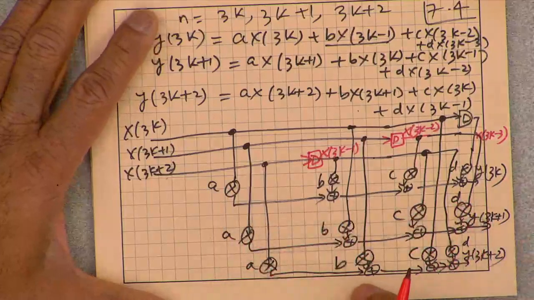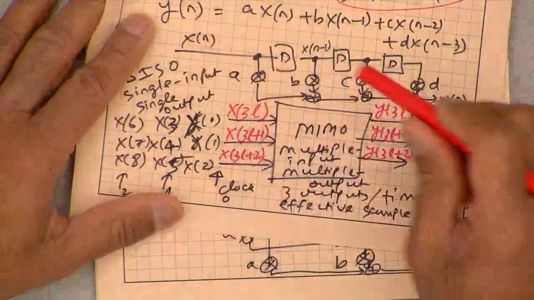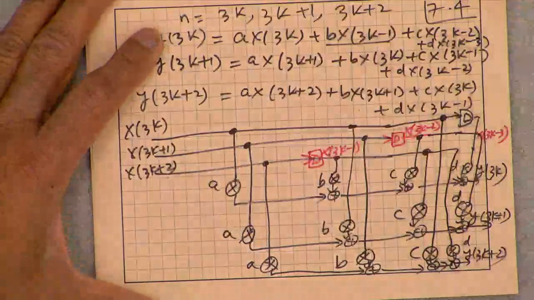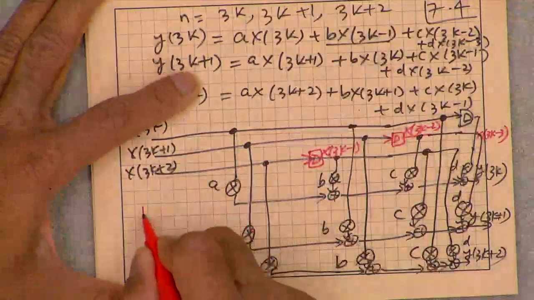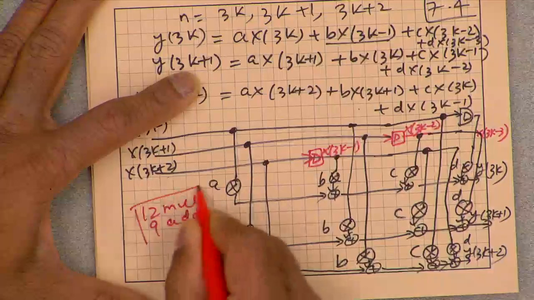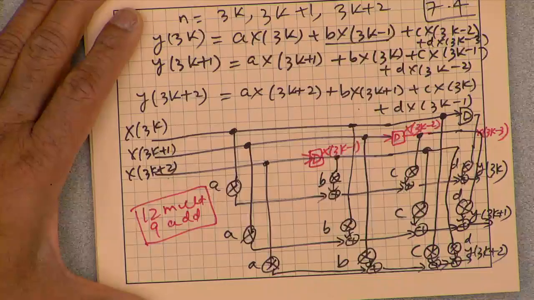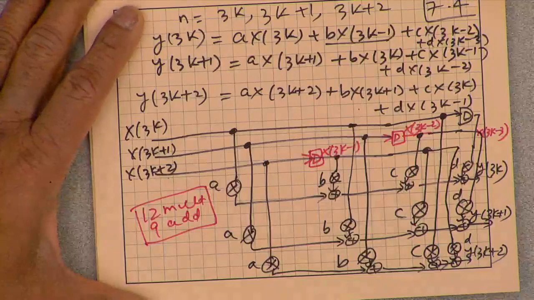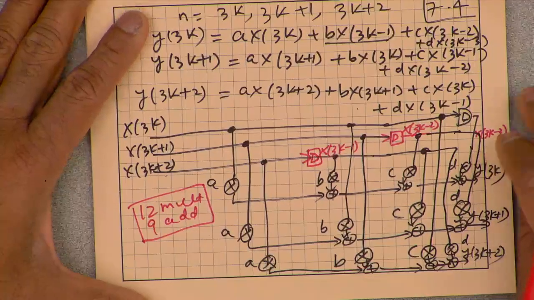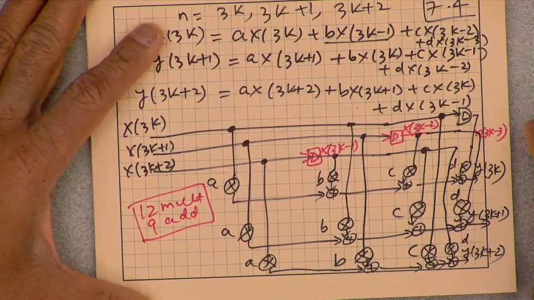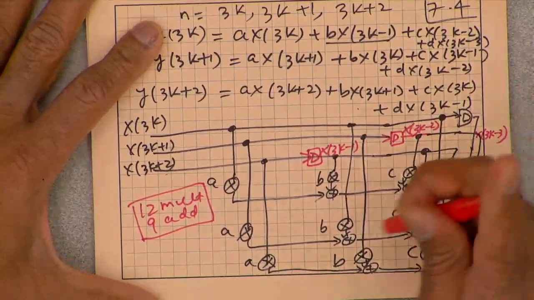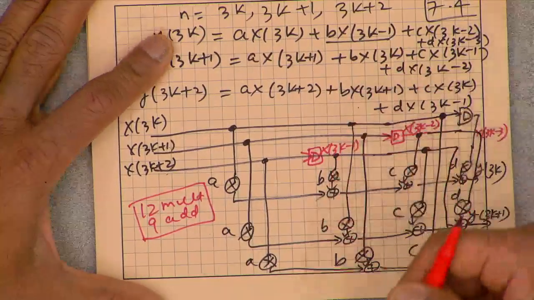So if the original filter had 4 taps, 4 multiplications, 3 add operations, now this has 4 times 3, 12 multiply, 3 times 3, 9 add. So I increase the complexity by a factor of 3. You take the data path, replicate it 3 times, and the number of multiply and add operations increases 3 times. If I want 100 level parallelism, I have 100 data paths like this. Okay.